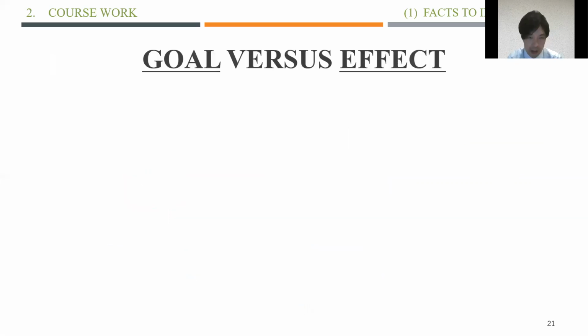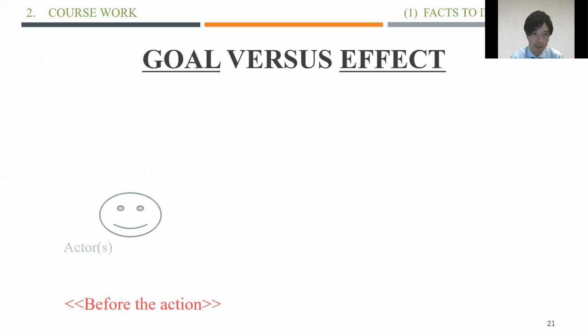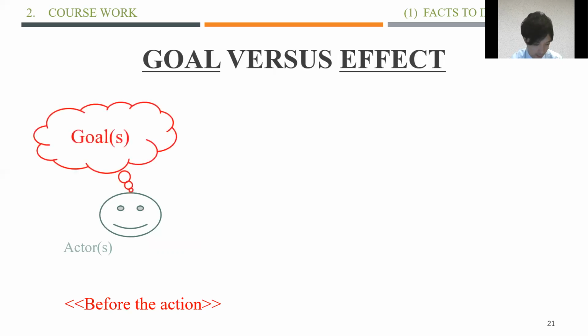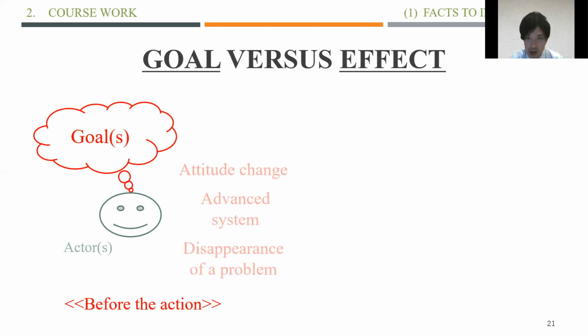And finally, everyone needs to look at goal versus effect. Actually, any policy has its own goals, right? These goals may be varied. This could be the changes in citizens' attitude.